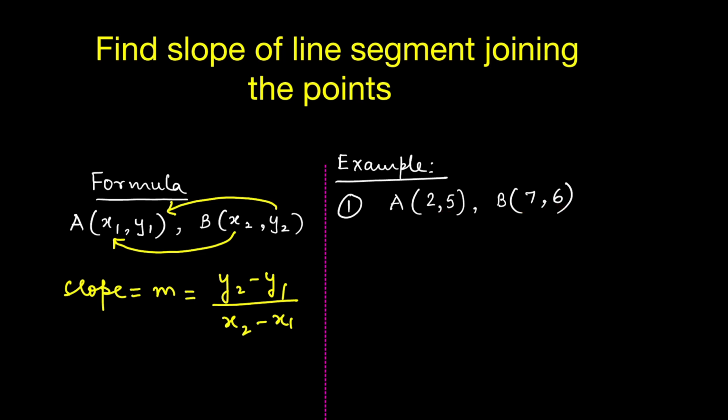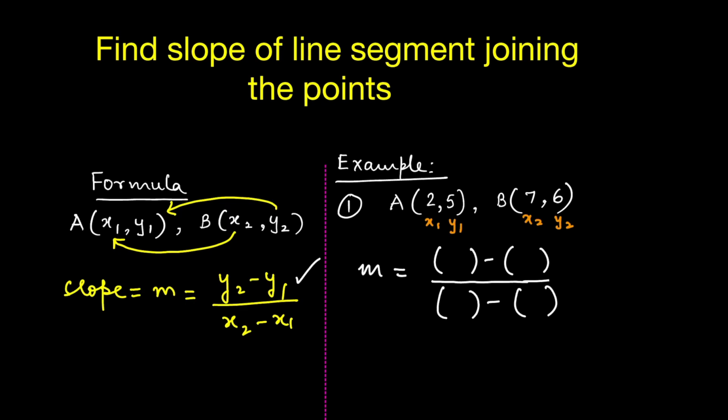Now coming to the example 1, point A is 2, 5 and B is 7, 6. So we write under this, so let us take this one as x1 and y1, another one as x2 and y2. We can take in any order, it doesn't matter here. So first any point should be considered x1 y1, the other point becomes x2 y2. Now to write the slope we use the formula. So y2, as this is the formula given here, we put brackets here, and now we input the values.